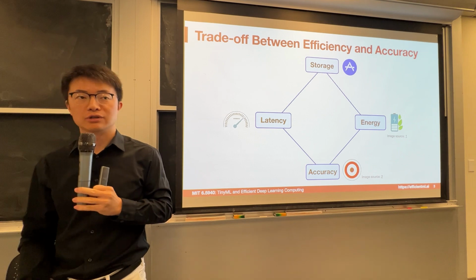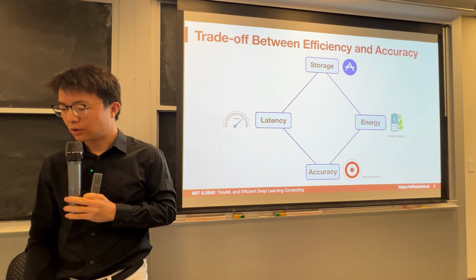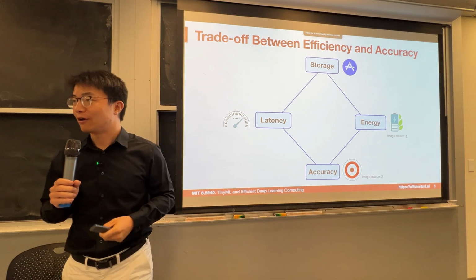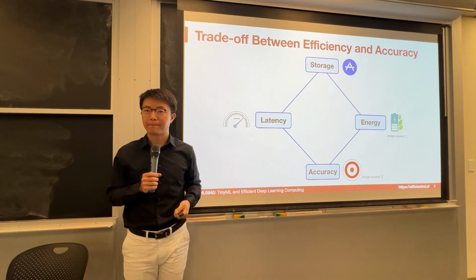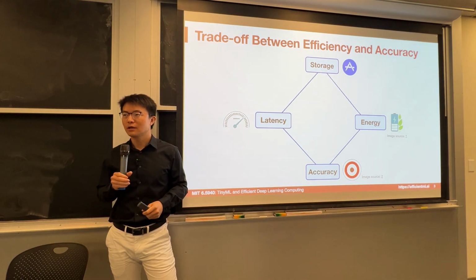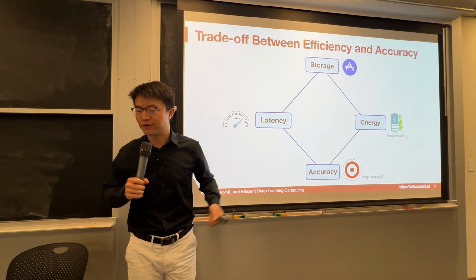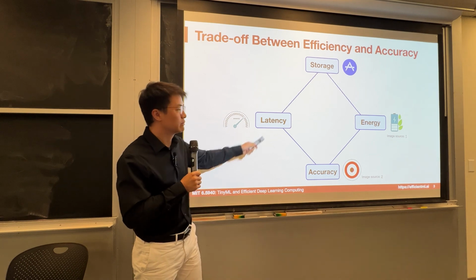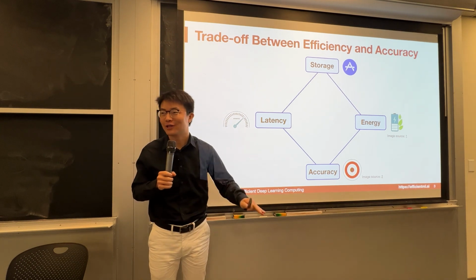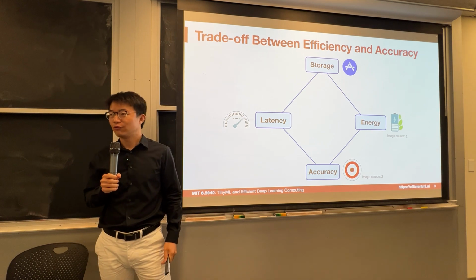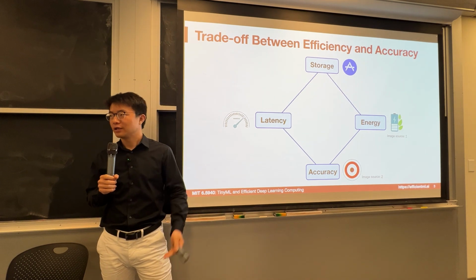What is an efficient neural network? And what are the characteristics we want to ideally have for a neural net? There are several dimensions that cannot be fit at the same time. We want a model to run fast, with very low latency. For example, recently GPT-4 released this new interface.